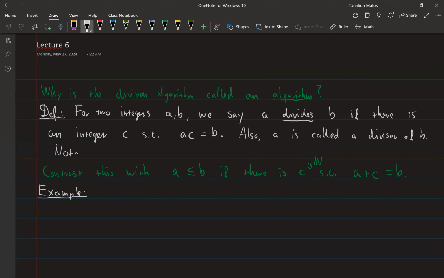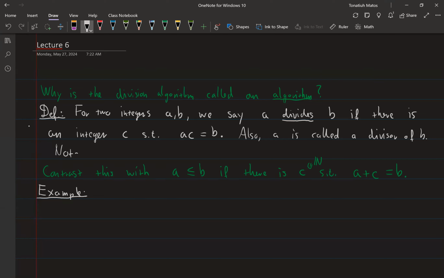For any integer z, z divides itself. Any number divides itself because z times something, namely 1, is z. This also tells you, by the way, that 1 divides z, right? So every number divides itself, 1 divides every number.